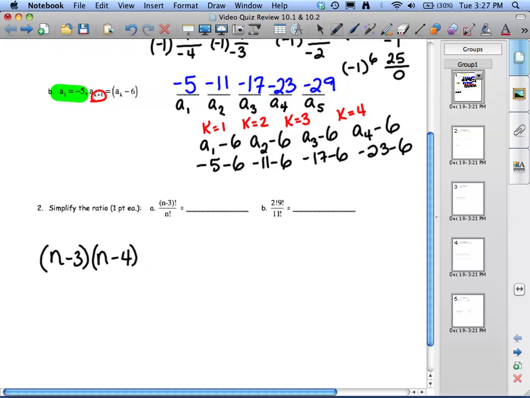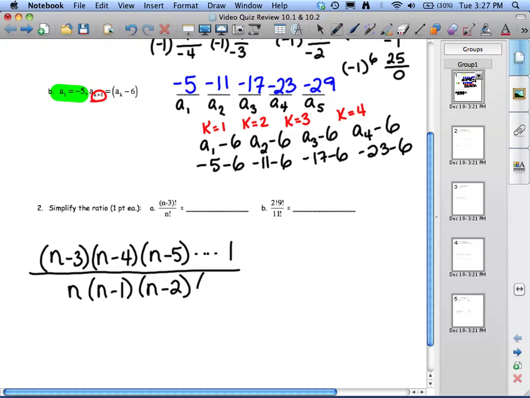N minus 4, n minus 5, and you would keep that going all the way down to 1. On the bottom is n factorial, which means whatever n is, times 1 less than that, times 1 less than that, all the way down to 1. And what you're looking for is for these to be the same so that you can start dividing out.